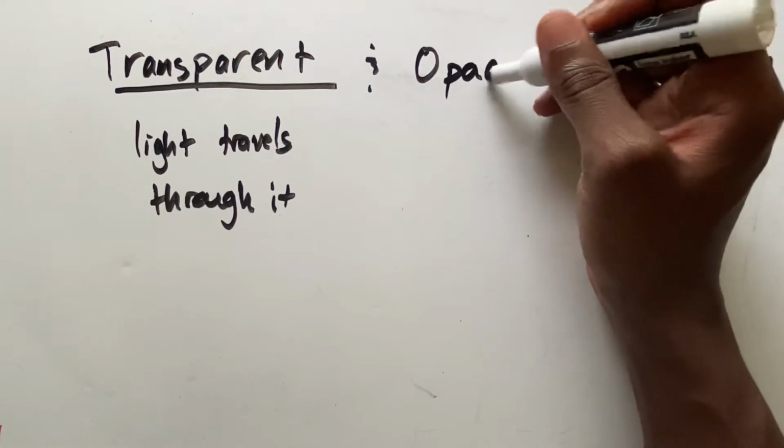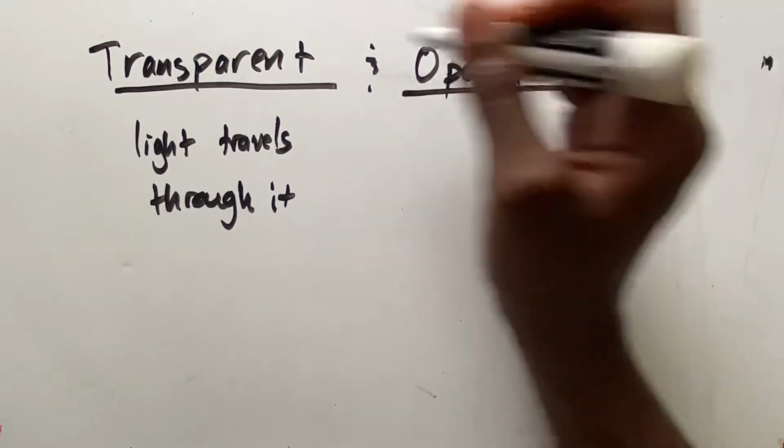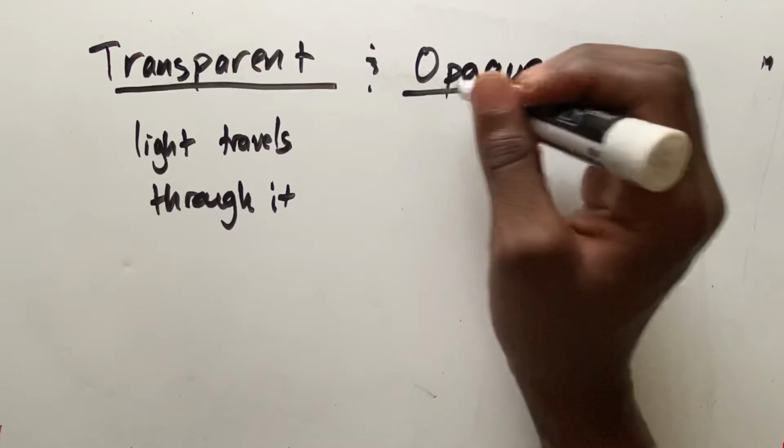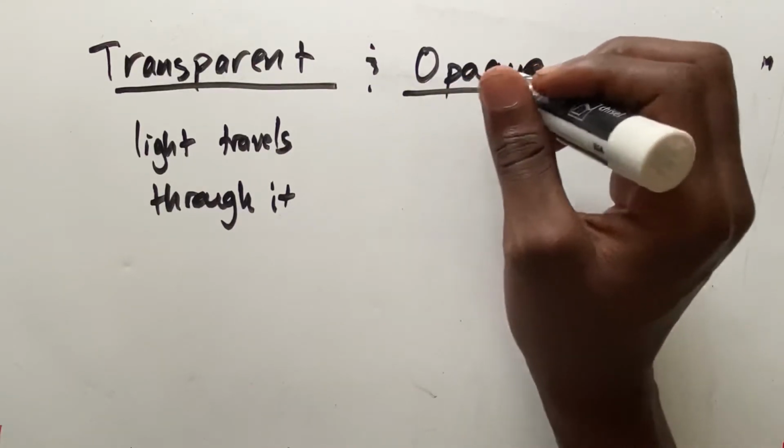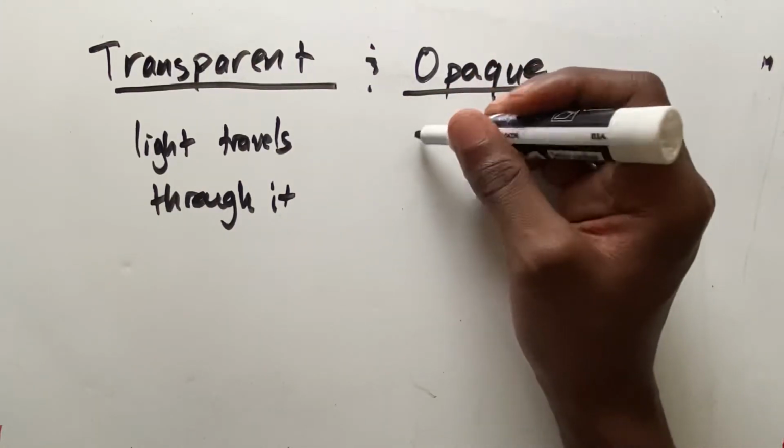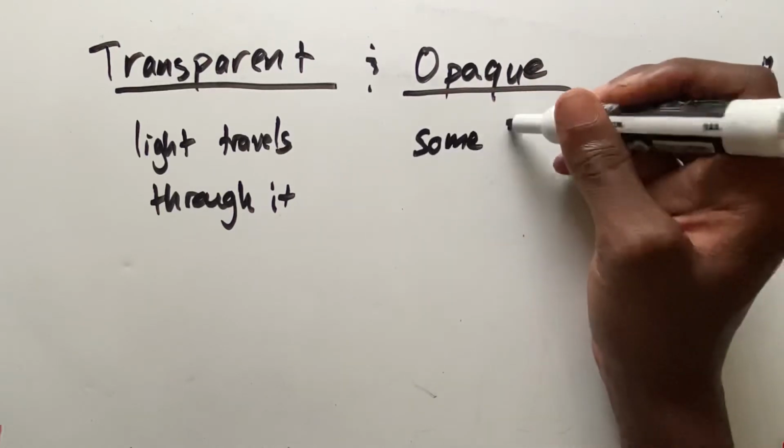So opaque is basically kind of like the opposite of transparent. Basically just means that some of the light's going to be absorbed by the object. So here some light will be absorbed.